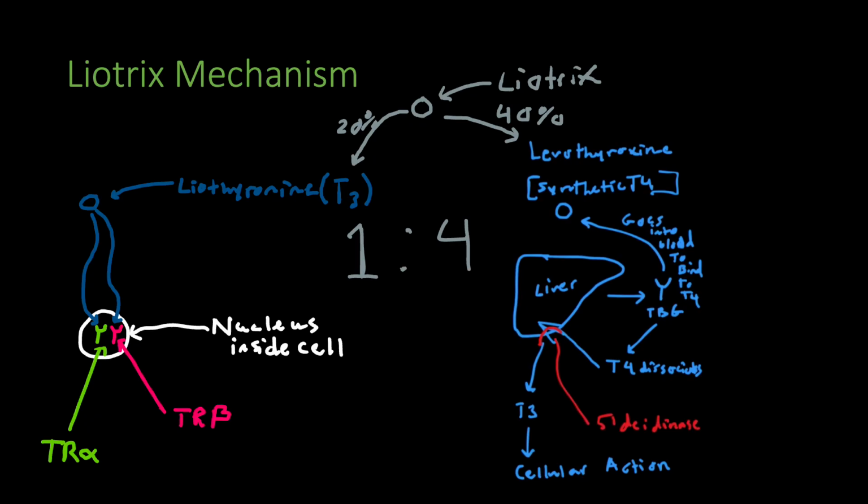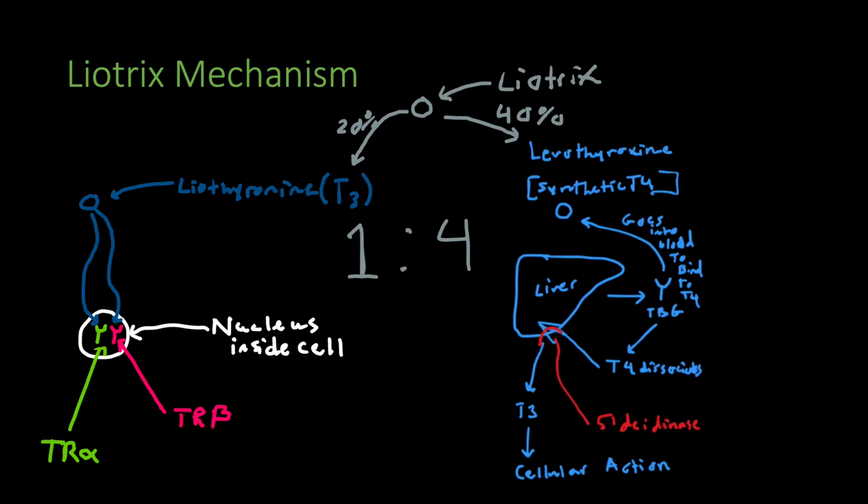The levothyroxine goes into our blood through the intestine, binds to TBG, then it dissociates and converts to T3 by 5' deiodinase. Then T3 goes ahead and binds to the TR alpha or TR beta. That's where the action takes place, when it binds to the receptors inside the target cell, whether it could be the kidneys, the bone, the brain, the heart, wherever it binds to, that's where it will actually do the work.